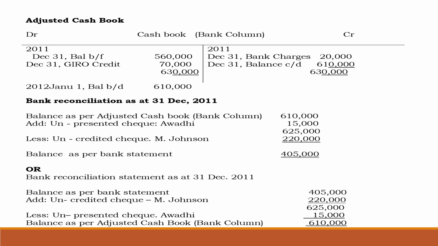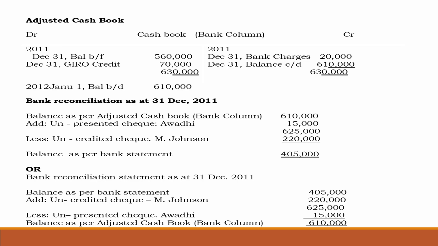One was the Giro credit, the direct deposit, so we reflect that in the cash book. We took the balance of 560,000. We add the Giro credit 70,000. We deduct the bank charge 20,000. Then we remain with the balance carried down of 610,000.